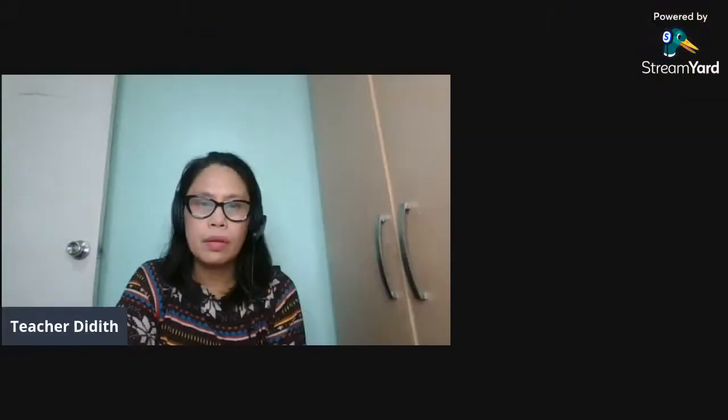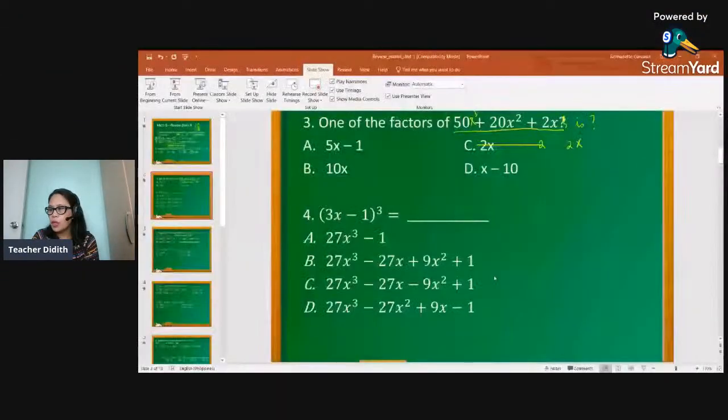Ako pa lang pala yung nakikita niyo 'no. I don't know what's happening, pero sige iisa-isahin na lang natin. Do you see number 3 now? Nasa 3 na ba tayo?